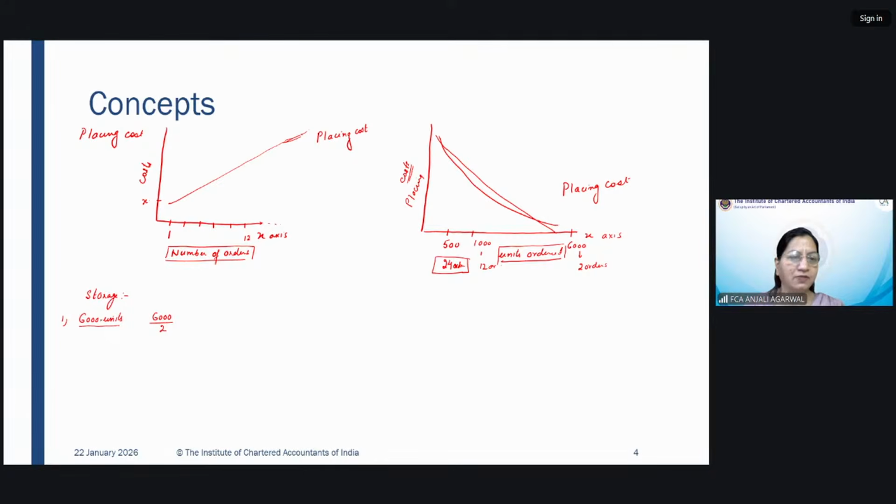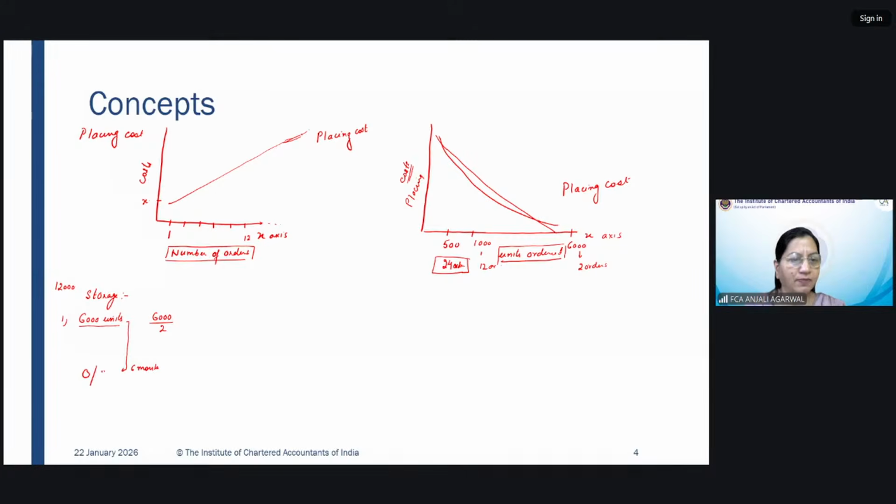So it will be assumed that throughout this period, you were holding 3,000 units. Why? Because if you are using 12,000 units in a year, we assume that the consumption is evenly done throughout the year. So your 6,000 units will fall to zero in 6 months, right?